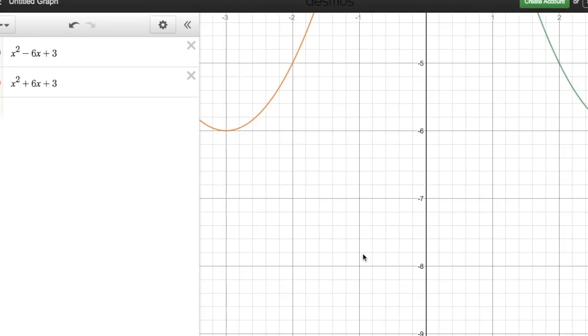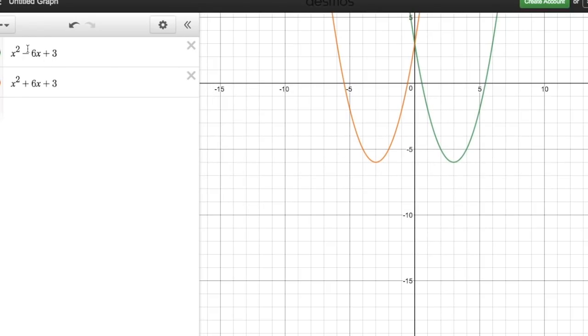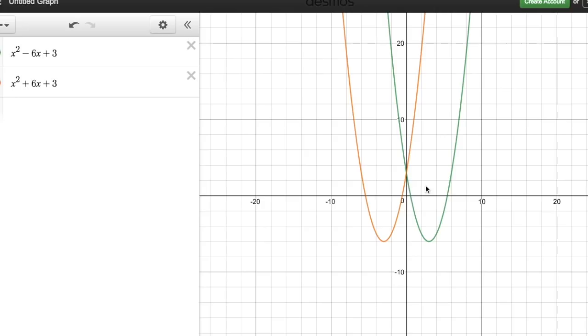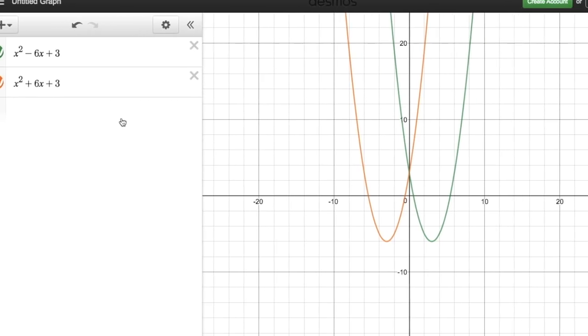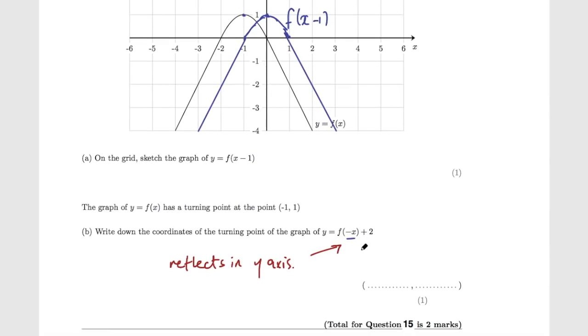Also, you could think of it as shifting the number of units of the coefficient left or right, but I think it's easier to think of it as a reflection in the y-axis. So that's if you change the sign of the x here. So if that becomes f of minus x, then you reflect in the y-axis.